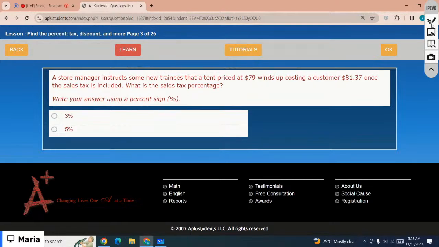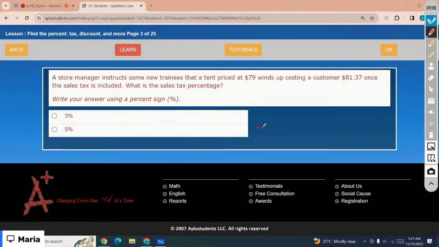That is the amount of change, and the original cost is 79. So just do 2.37 divided by 79, that is 0.03, and you need to calculate it in percentage form. So just multiply it by 100, that would be 3%. Okay, the correct option is 3%. Got it?